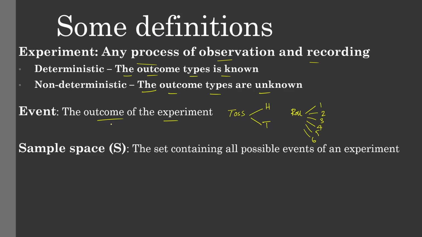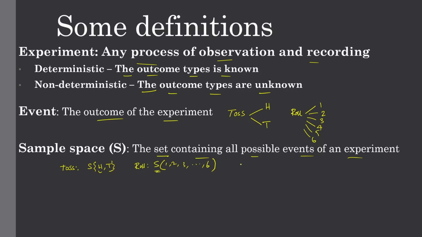Then sample space. What is a sample space? Sample space is the set containing all possible types of events that can be generated out of an experiment. For example, for the toss experiment, the sample space may be defined as H, T, because these are the two outcomes that are possible. For rolling a dice, the sample space is 1, 2, 3 up to 6.